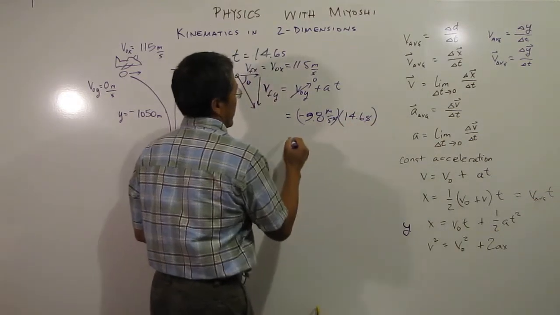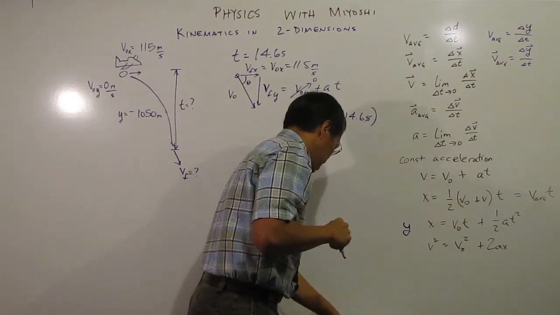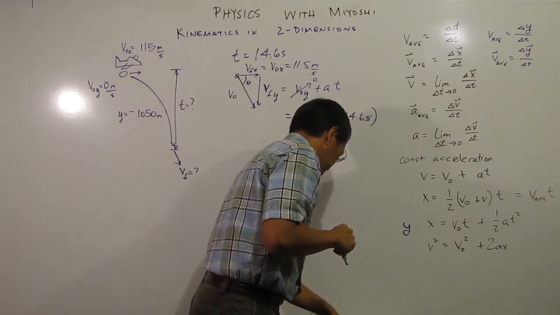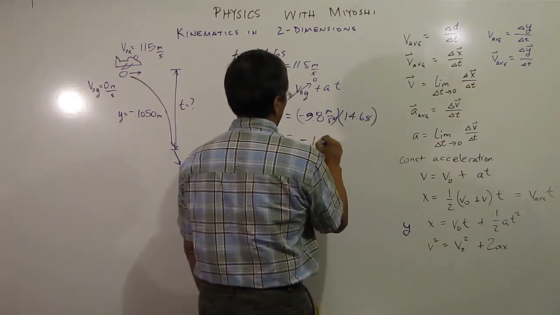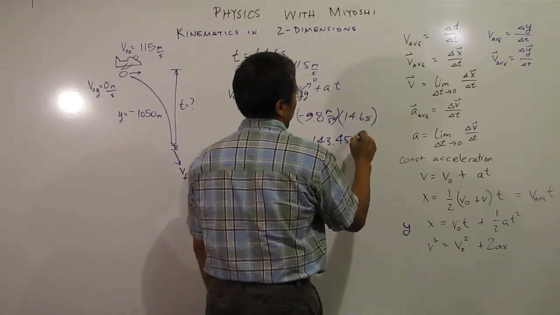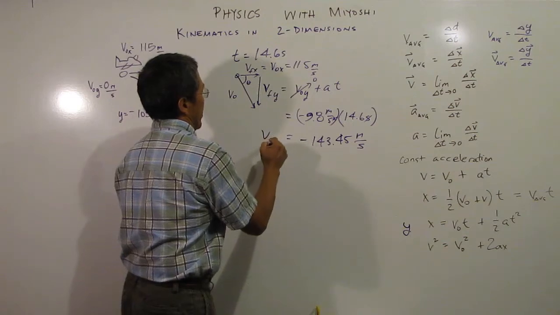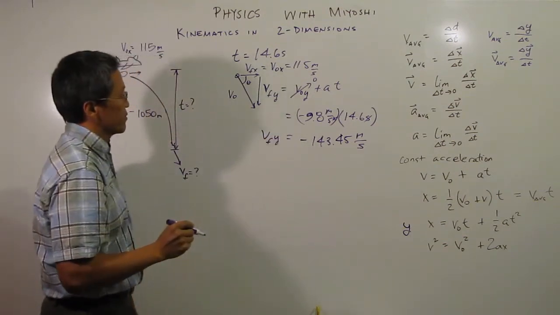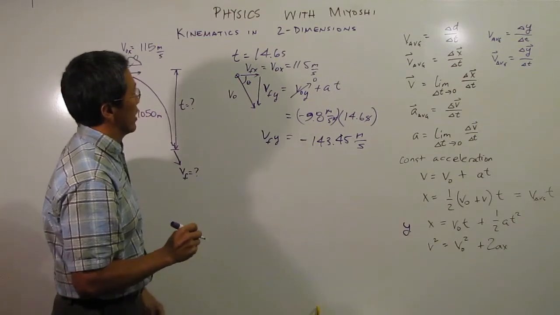So this gives us negative 143.45 meters per second. That's going to be our vfy. And again, the negative tells me that it's going in the down direction.